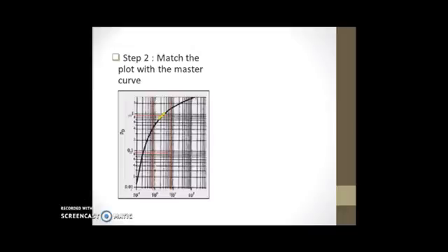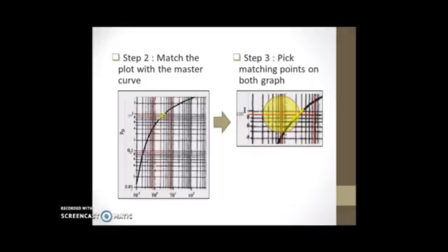Now that we have aligned the graph accordingly, we can proceed to step 3, picking the matching points from both graphs. Here in this example, I pick the intersection point from the graph that I plotted, which falls on the yellow circle. As we can see from the mesh, we obtain the following values. The values might not be exactly the same as the original mesh, but it is acceptable.